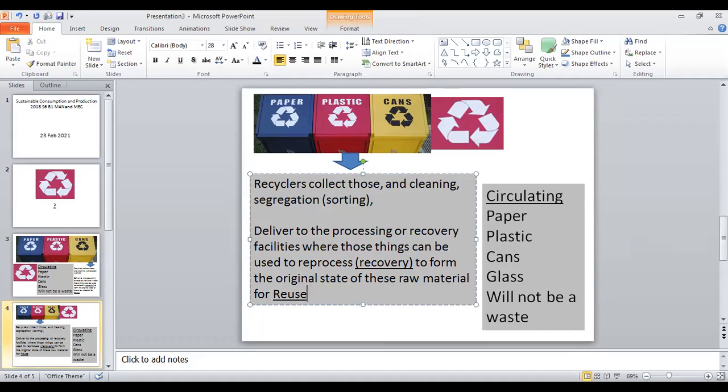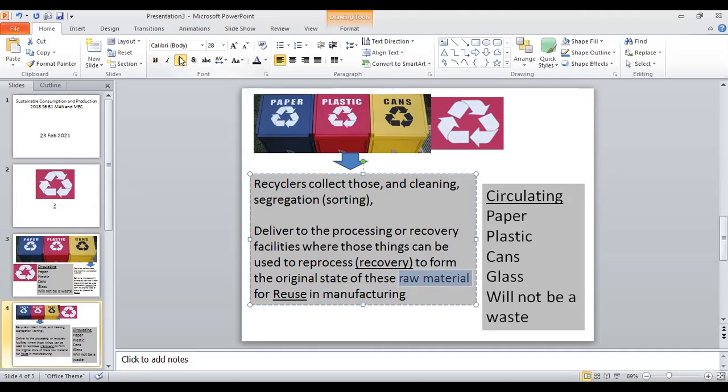Reuse in manufacturing. Yes, see, the original state of this raw material. Okay, recover to form the original state.